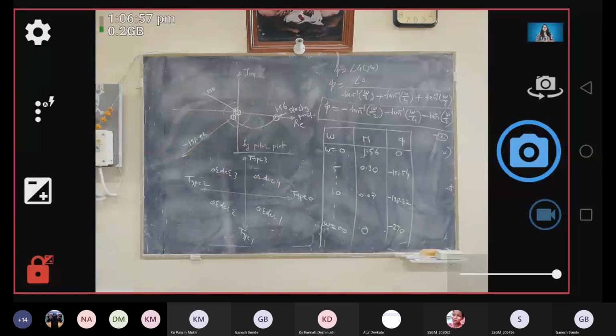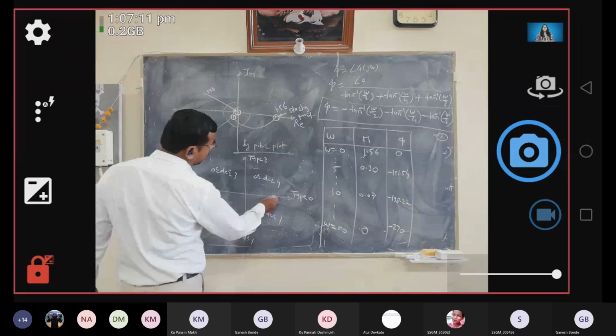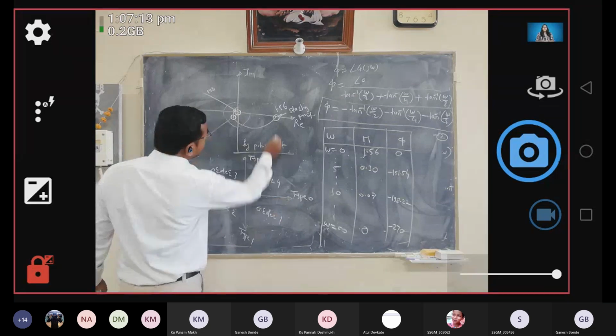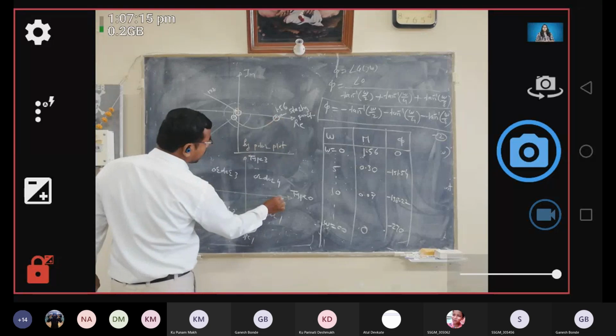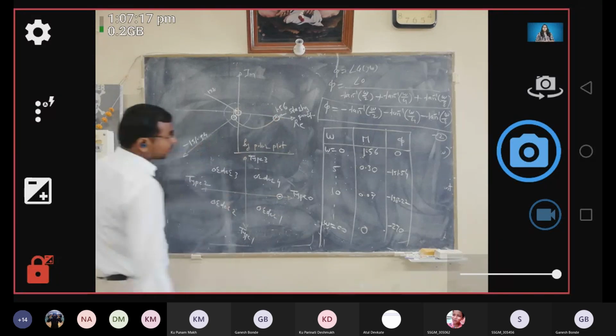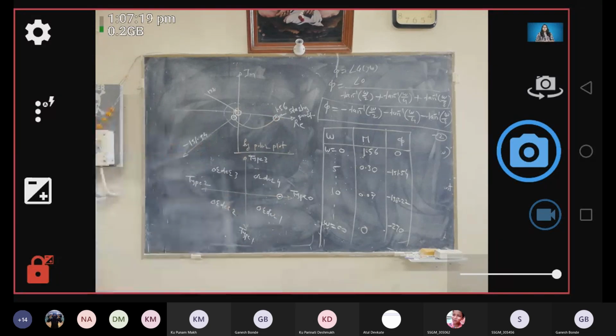So in this example, what will be the type of the system? S plus 2, S plus 4, S plus 8. There is no S raised to power n, so it is a type 0 system, therefore your graph will start from here. Then what will be the order of the system? S into S is S square, and S square into S is S cube.